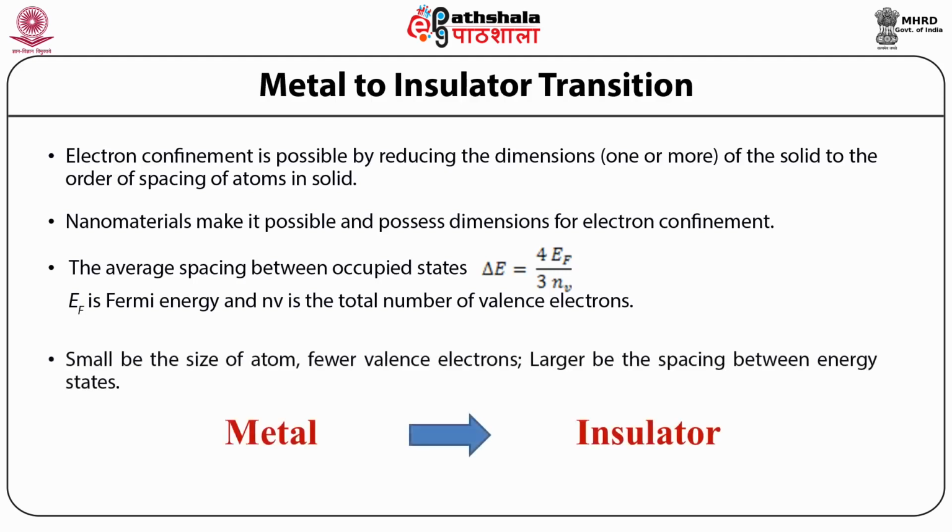So the smaller the size of the atom, the fewer the valence electrons, and the larger the spacing between the energy states. So students, we have successfully converted the metal at nanoscale into an insulator.